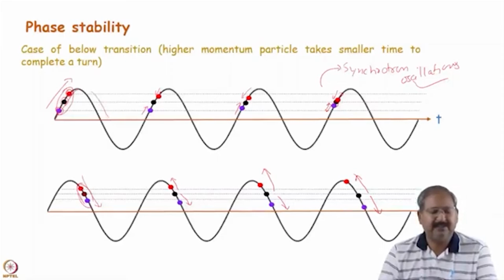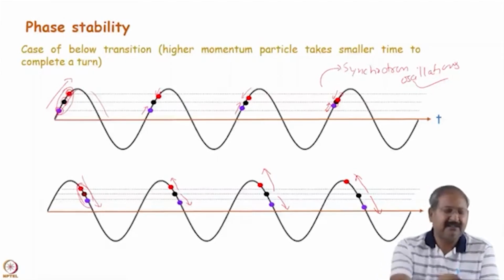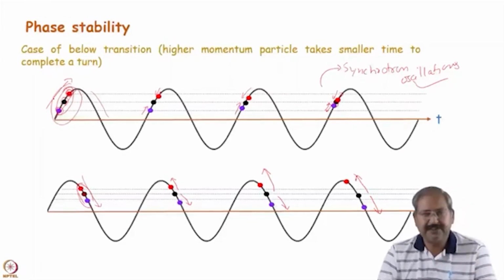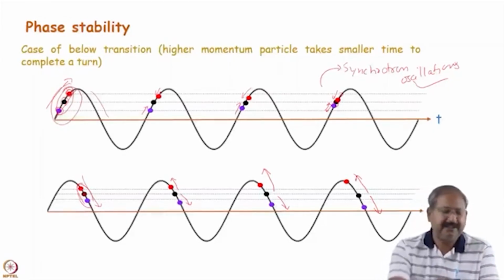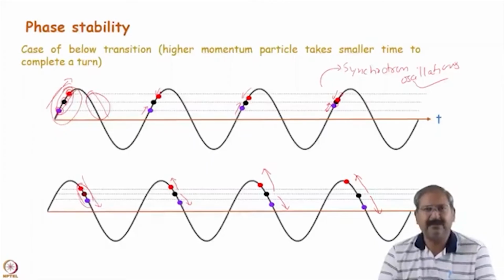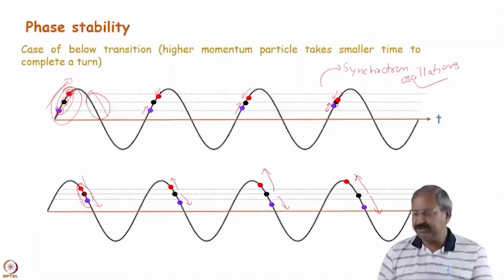So all the bunches, all the particles, will concentrate towards this. If the machine is operating above transition, then the falling edge will provide the stable oscillations while the rising edge will provide a defocusing phenomenon, which means unstable motion.